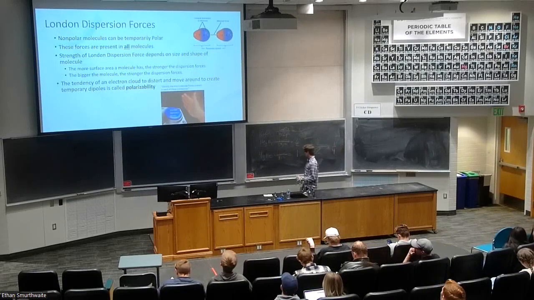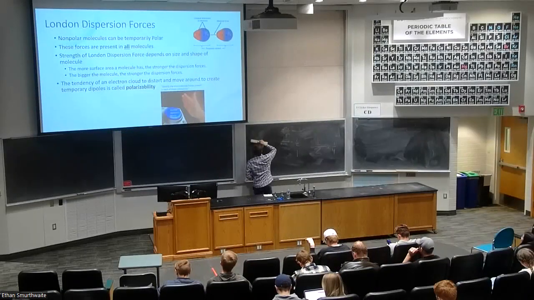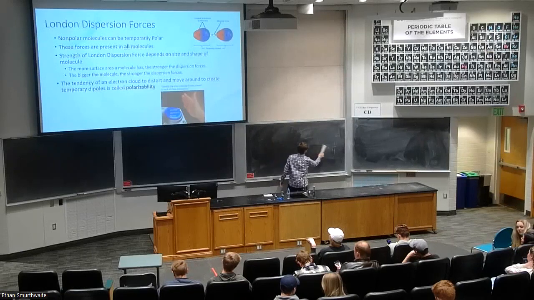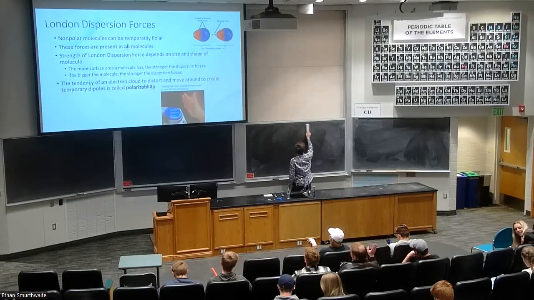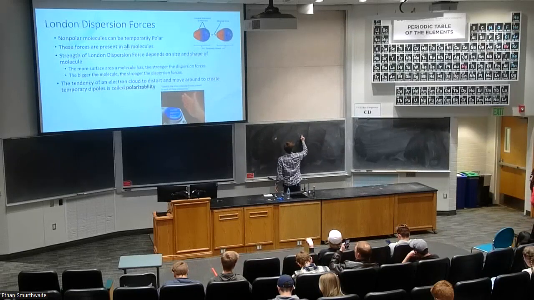Let's go up on the board, and I'm going to draw a simple molecule. Let's just do Cl2, some good old chlorine gas. These dots, let's assume they're chlorine atoms.